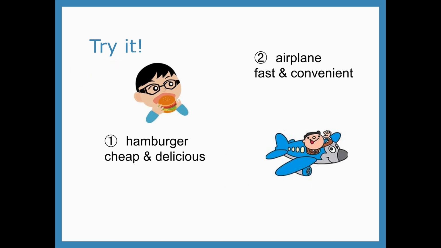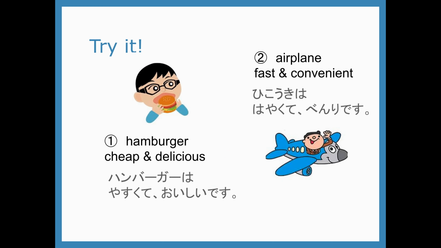Let's try putting these two together. You can pause the video if you need a little time. Okay, let's check them together. ハンバーガーは安くて美味しいです。飛行機は早くて便利です。Alright, so this is how we connect phrases together with and.